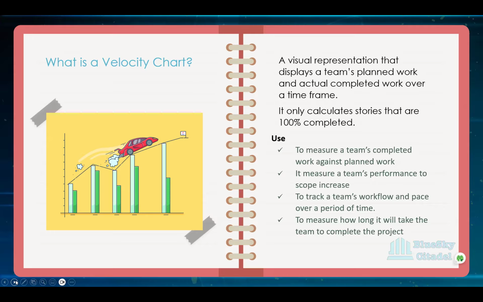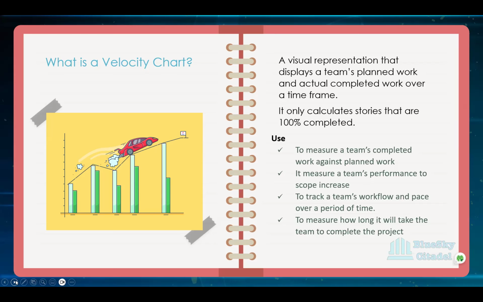That is mainly what your velocity tracks. And then it measures the team's performance to scope increase. So if we have a sustainable pace that we work, when scope increase comes, how does it affect our pace? Does it drop? Are we able to maintain it? Those are the things that your velocity tracks.